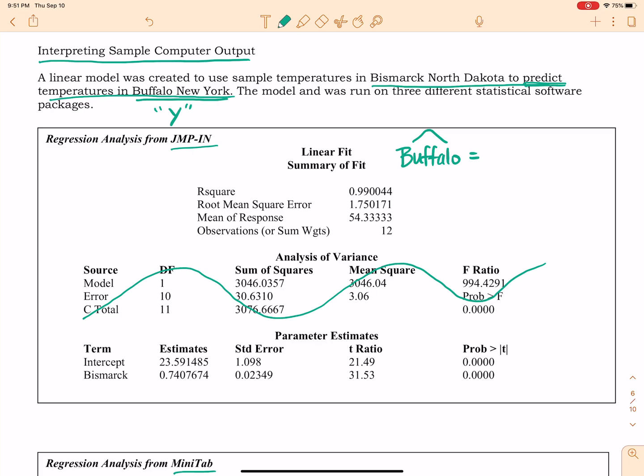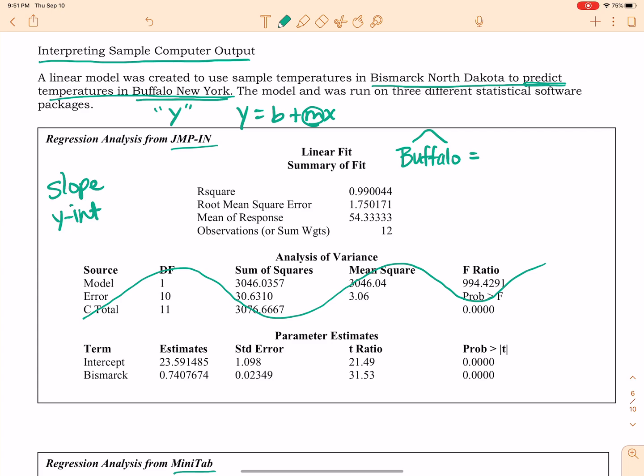All right, the most important thing we need to write our LSRL is the slope and the y-intercept. So I need my slope and my y-intercept. If I know that my equation looks like this, the number associated with x is the slope.